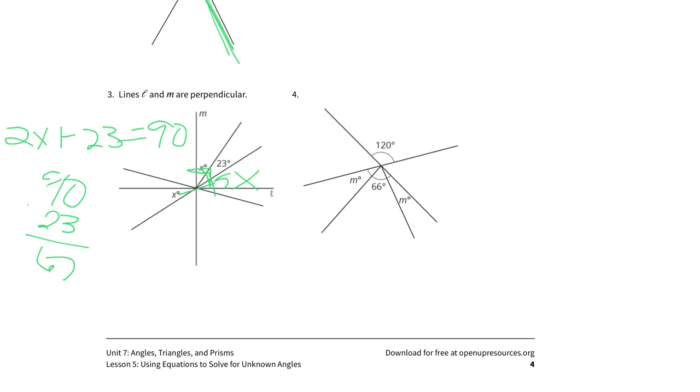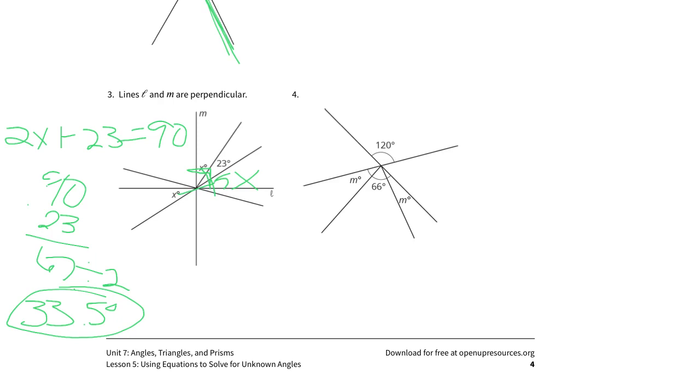But there's 2 X's, so we got to go 67 divided by 2, and we get 33.5 degrees.